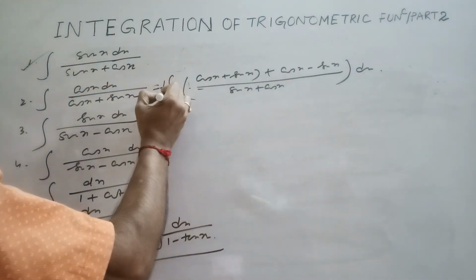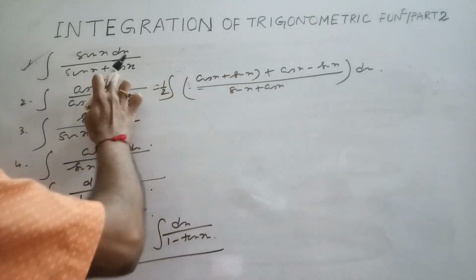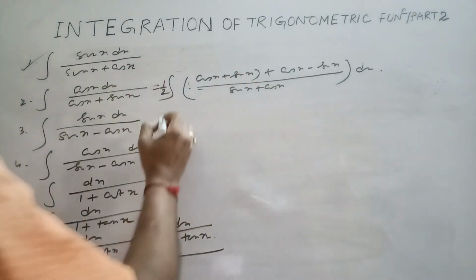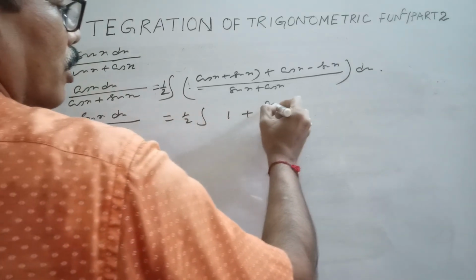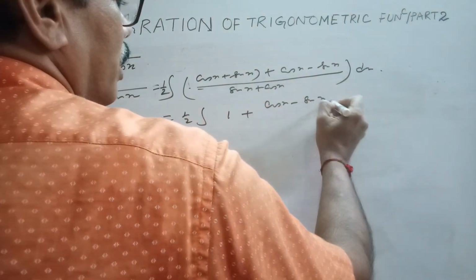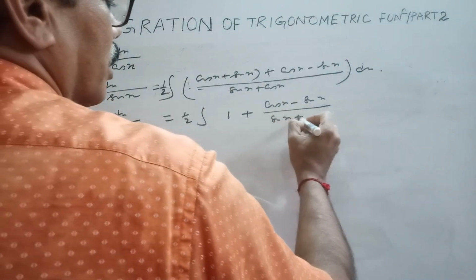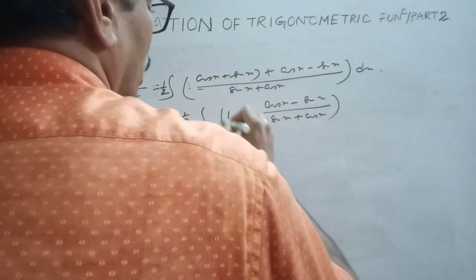So at the beginning half, because sin cancels, 2 cos x by 2. Now make it 2 parts. So this is 1, plus cos x minus sin x by sin x plus cos x.